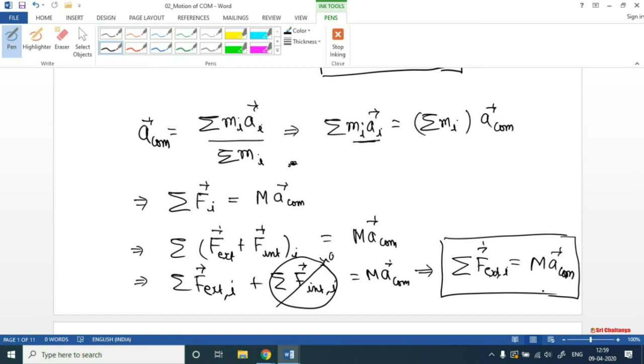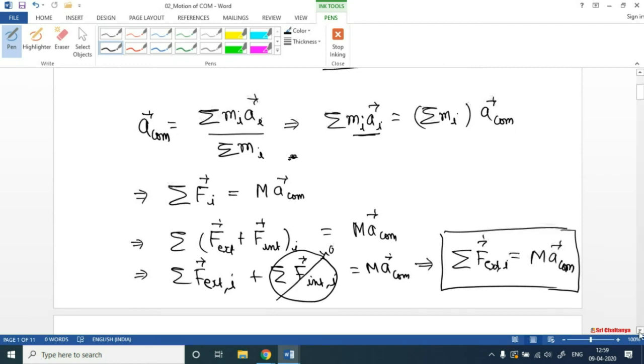And if we somehow know the acceleration of center of mass only, we might not be interested in the acceleration of other points inside the system, but we will be able to tell the net external force acting on the system, and that will be really helpful. We will see that in some examples later on.